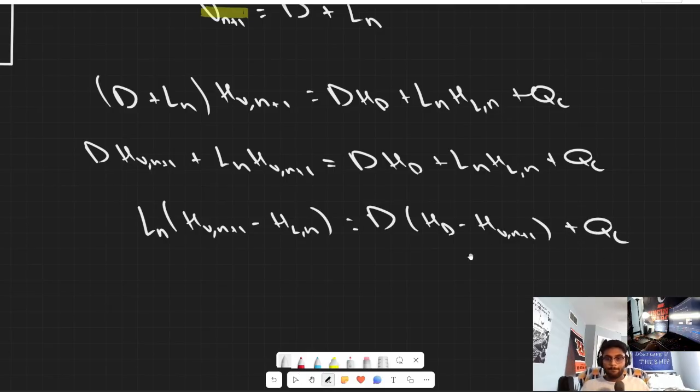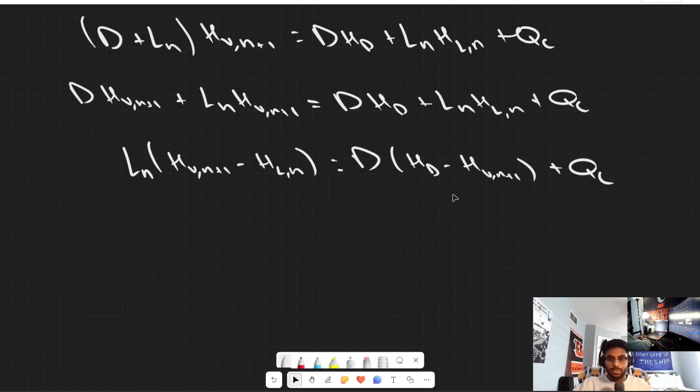Now, the last thing that I'm going to do here is I will also rearrange it, and I'm going to divide everything by this distillate flow rate. So this will look like this.